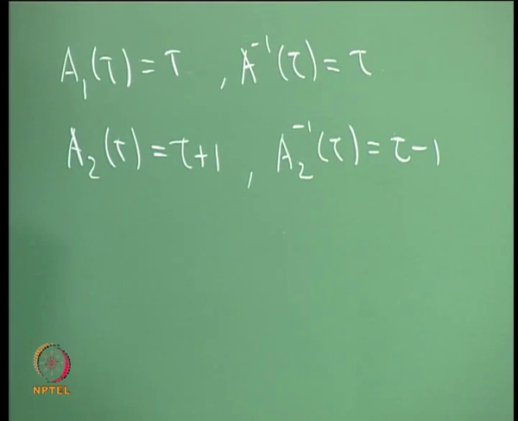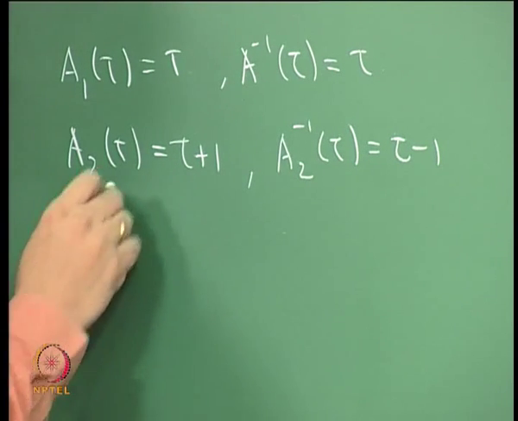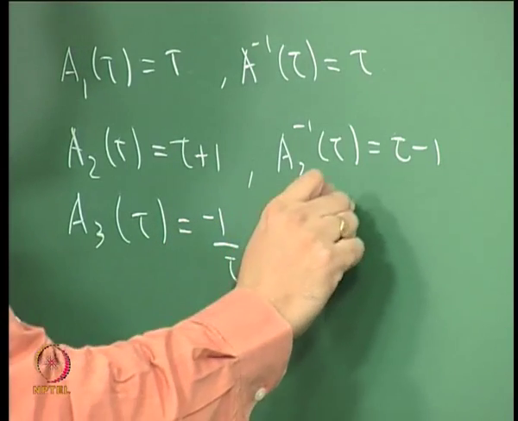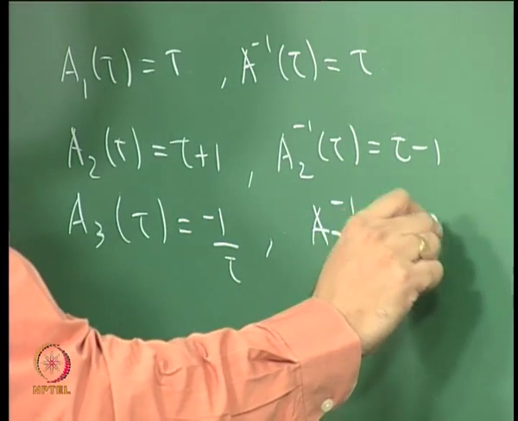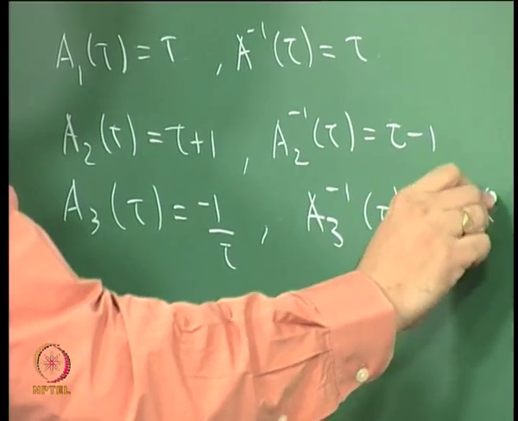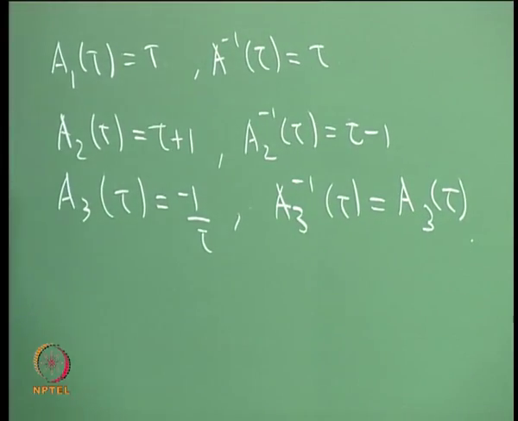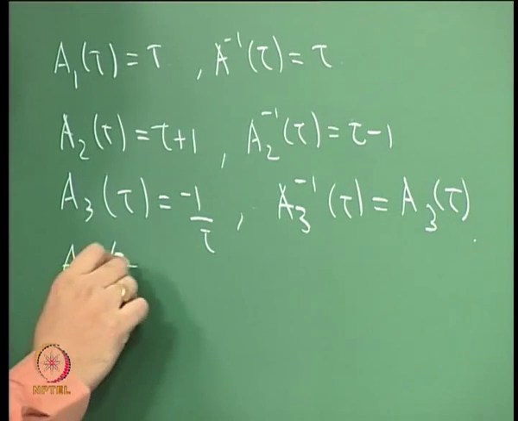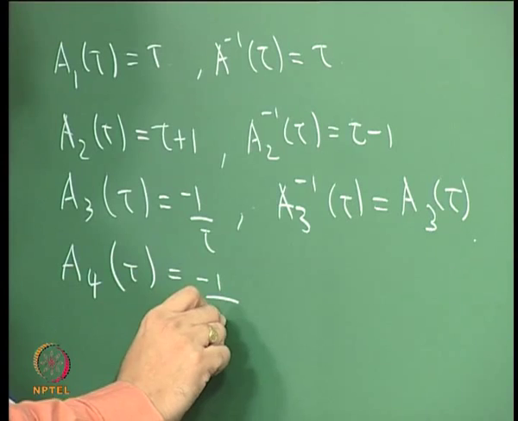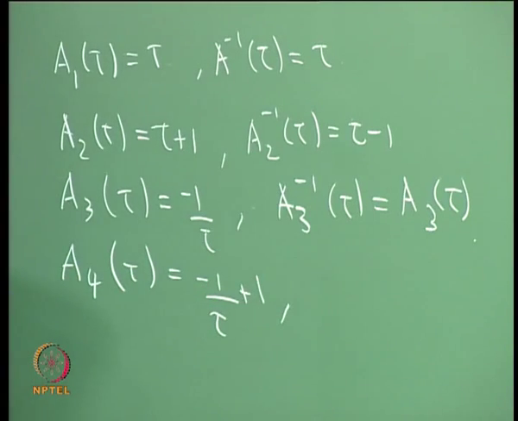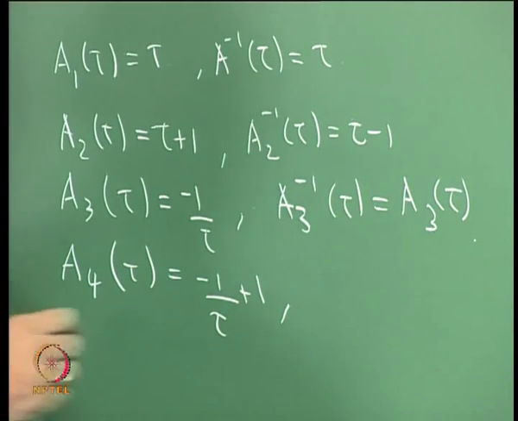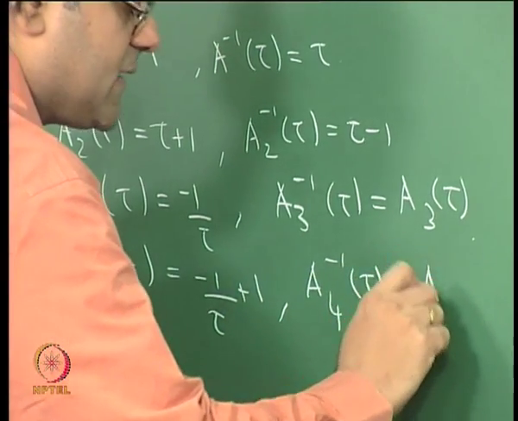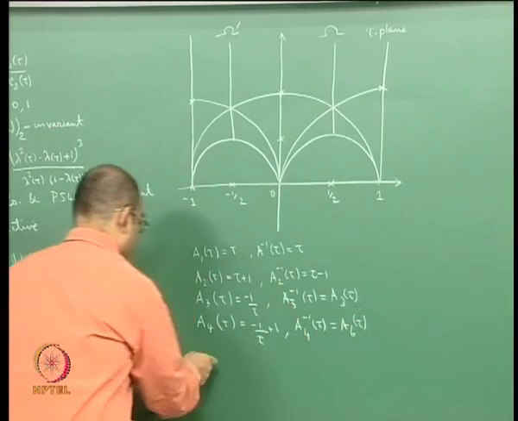A3 of tau was minus 1 by tau, and A3 inverse is the same as A3. A4 of tau was minus 1 by tau plus 1, and A4 inverse of tau was A6 of tau, where I will define what A6 is.